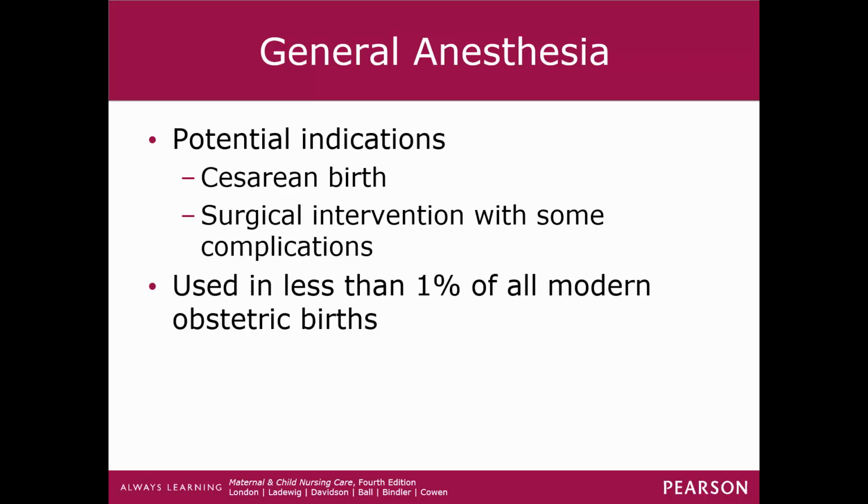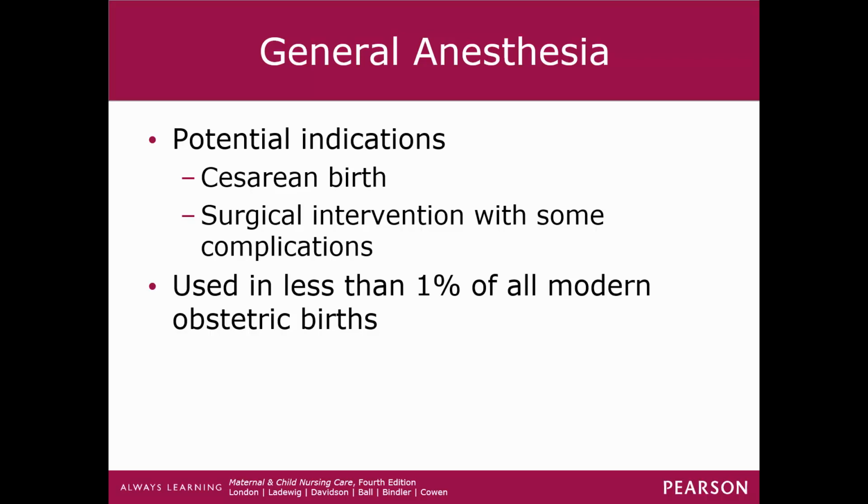When we use general anesthesia, of course, that's only for cesarean births, and we only do those when absolutely needed. So a stat C-section for some sort of emergency, either with mom or baby, and even with those, is the emergency so critical that we can't get the spinal in real quick?